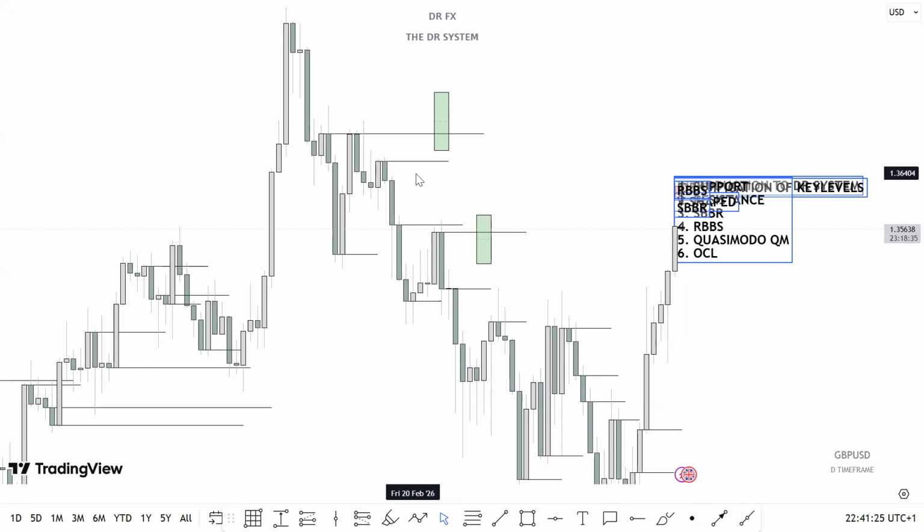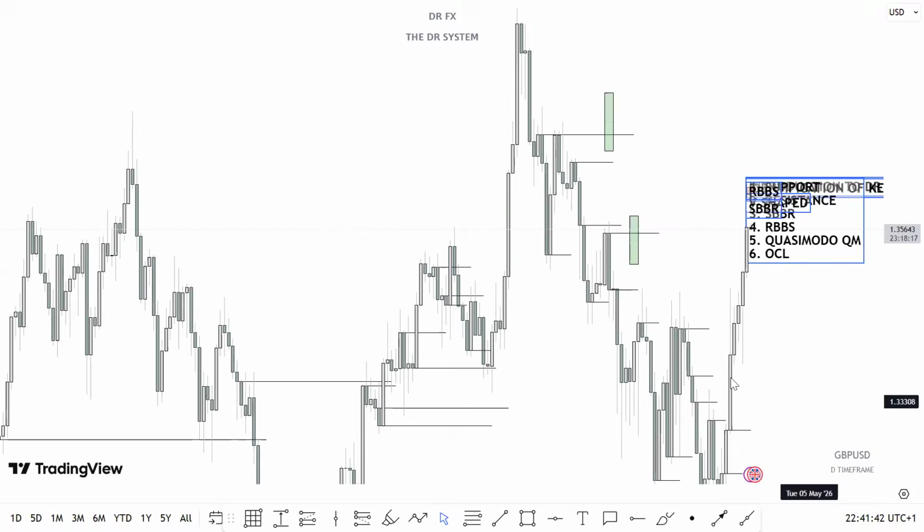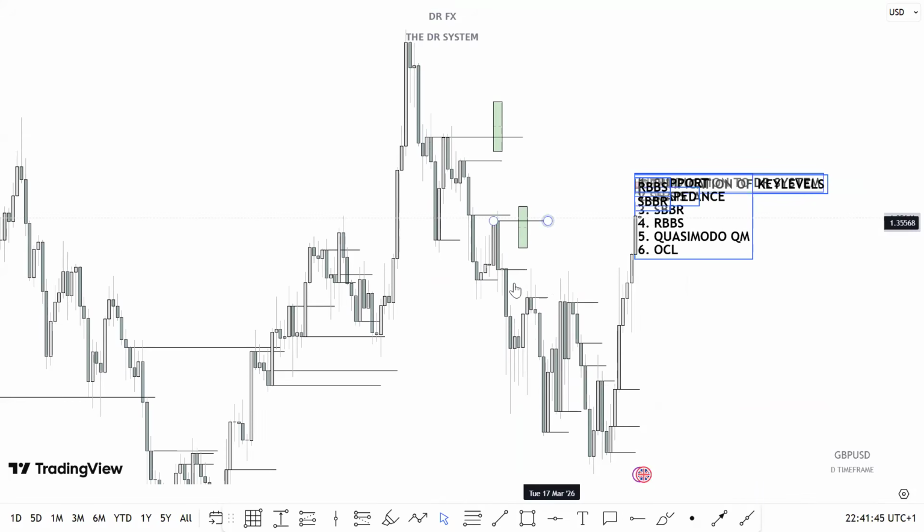Next episode is building of storyline, so you understand how they're used, or for entry. For building of storyline, we use them on the higher time frames: daily, weekly, monthly, sometimes H4. But for entry, you can use them on any time frame, right? So this is everything about identification of key levels.